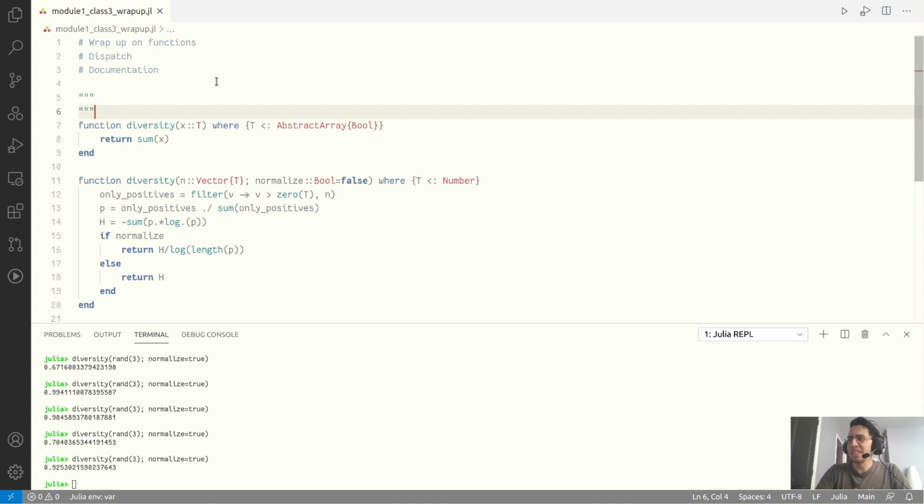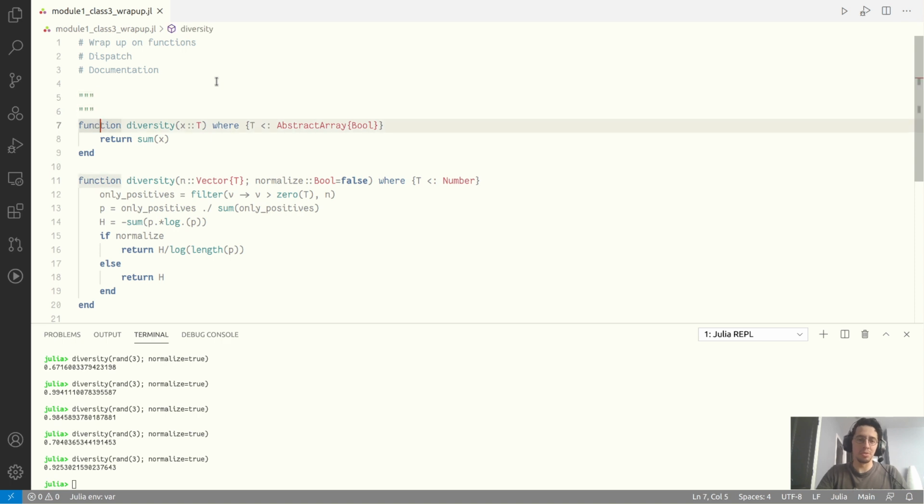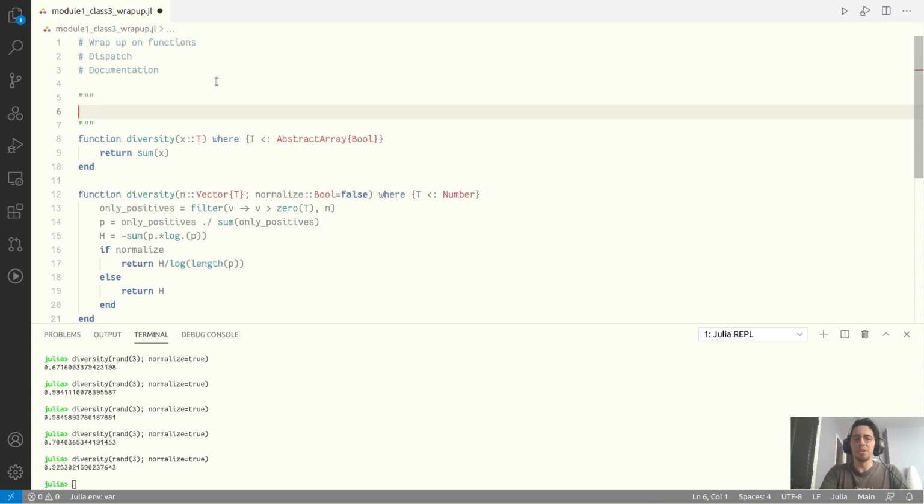The syntax, which again is the way that it is, is 3 double quotes and then 3 other double quotes, and that is going to be an annotation of the function. Whatever you write within these 3 double quotes is going to be the help for this function. So this is the help.